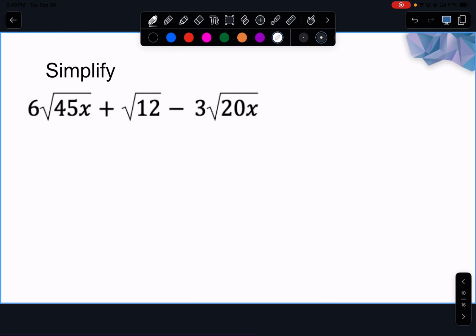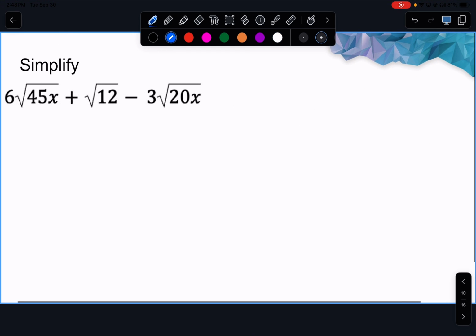Okay? So over on the side, this is what you're going to do. You're going to grab your pencil. We're going to break 45 apart. We're going to break 12 apart.